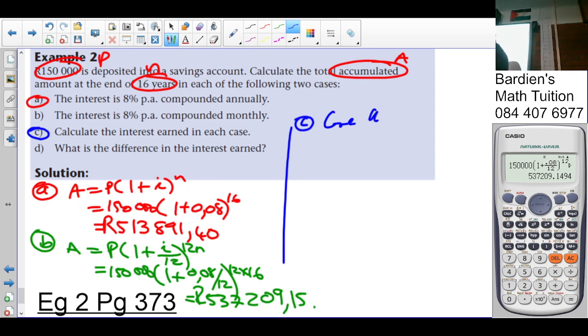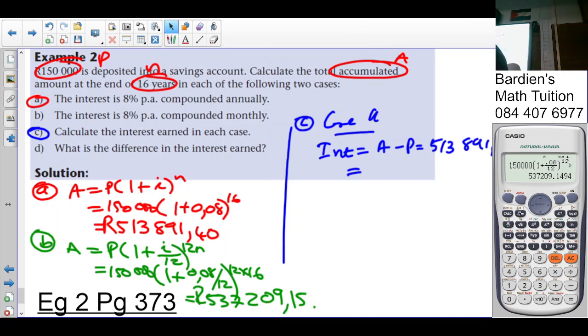the interest here is going to be A minus P, which is 513,891 rand and 40 cents minus 150,000. Just do the calculation quickly.